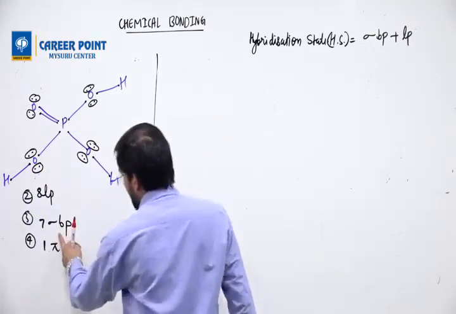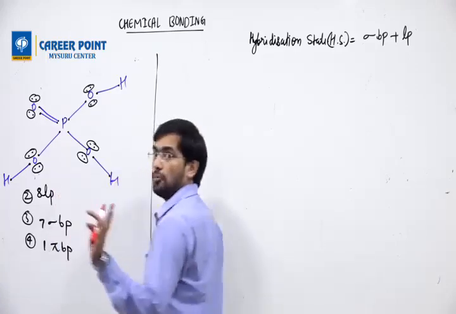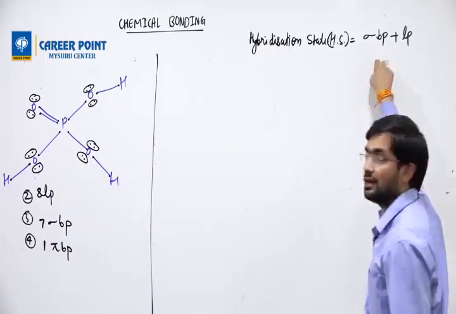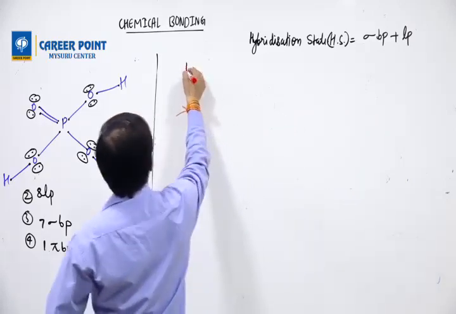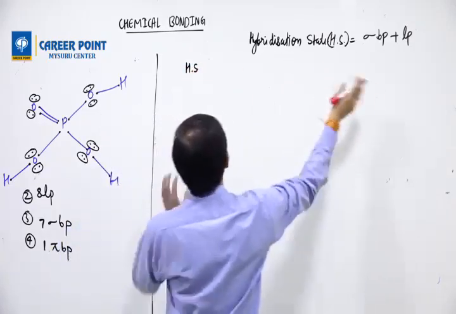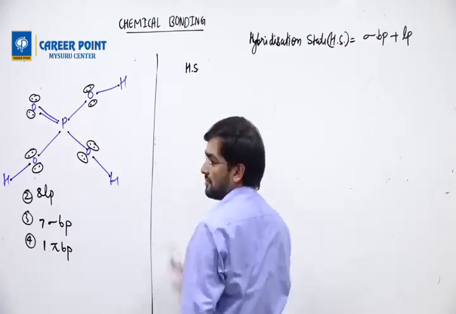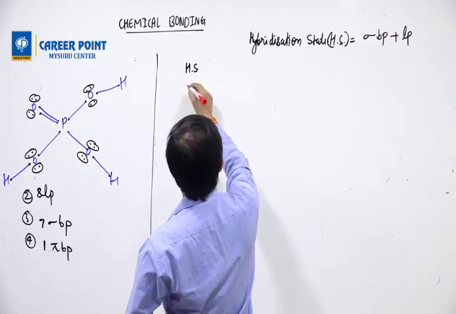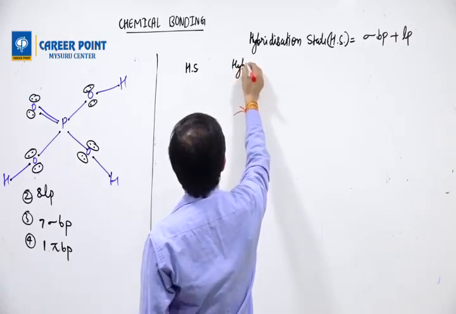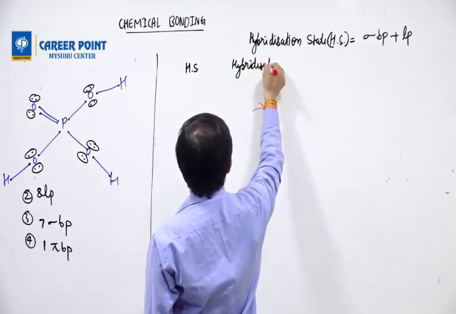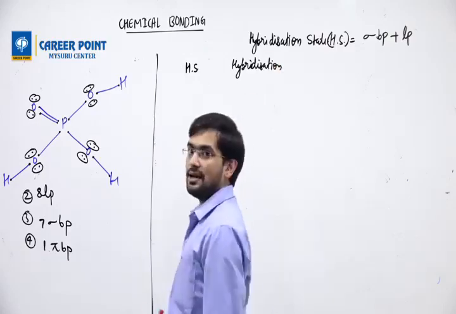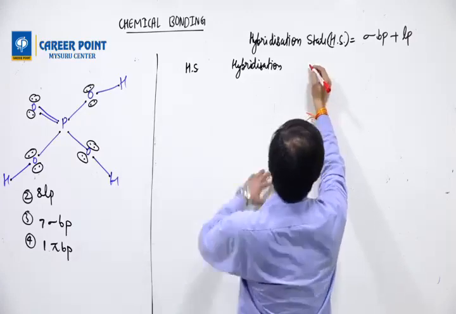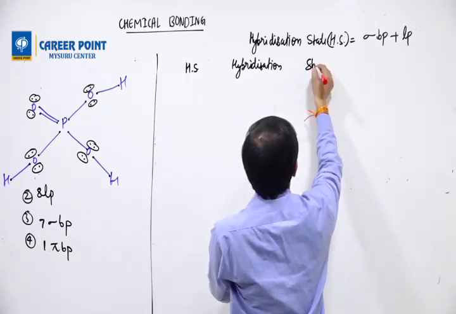I have done the sigma bond pairs as well as the lone pairs. So these two things I will add. When you add, you will get some values. Those values are written here as HS. Then I will say hybridization.